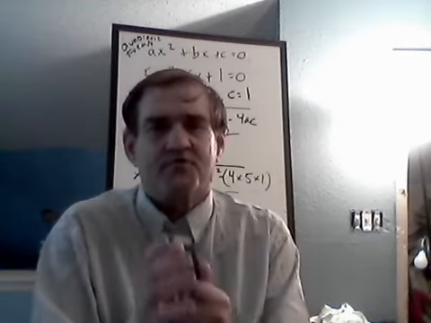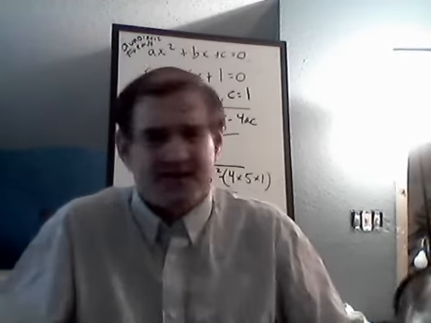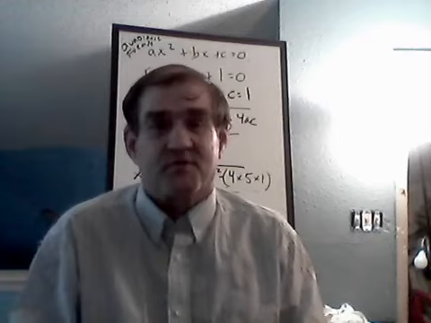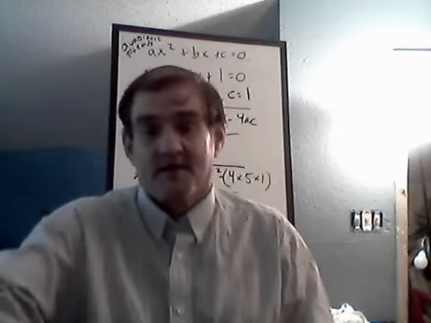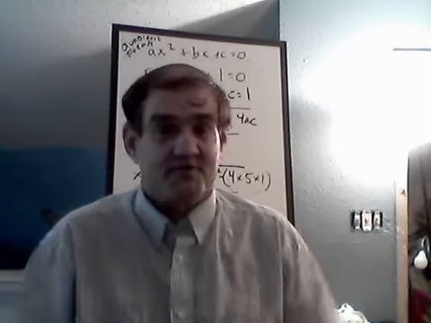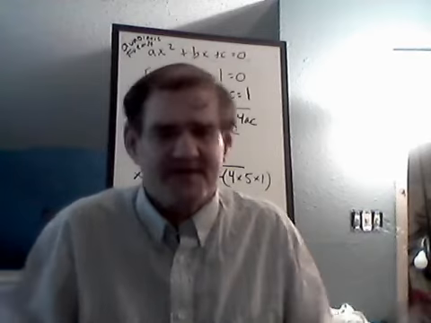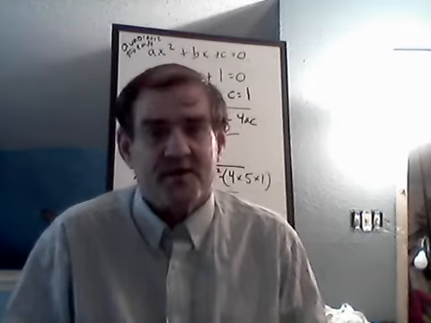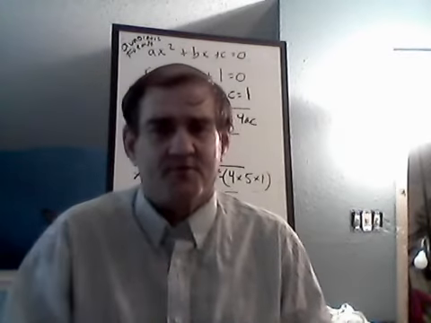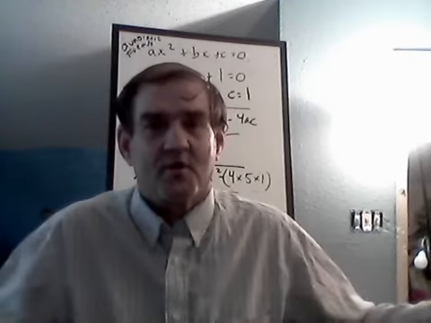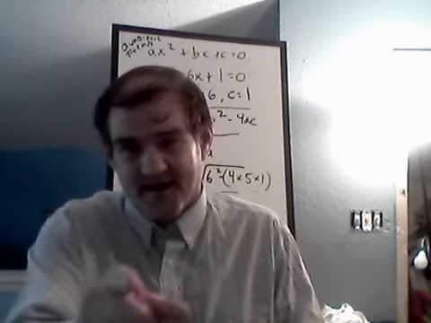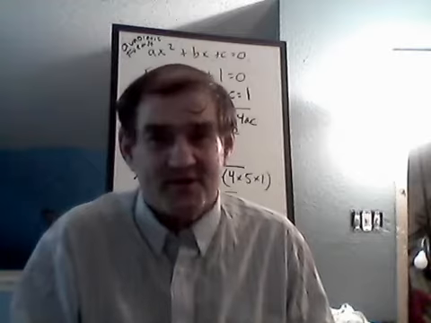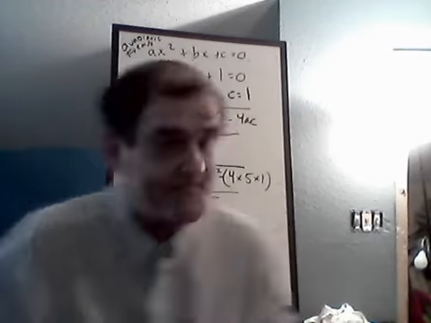Maybe it's going to be told to you, hey, this is a quadratic equation. Please solve it. That's usually what you're going to see. If you have one of those situations, what's the formula? I'm glad you asked. Watch.